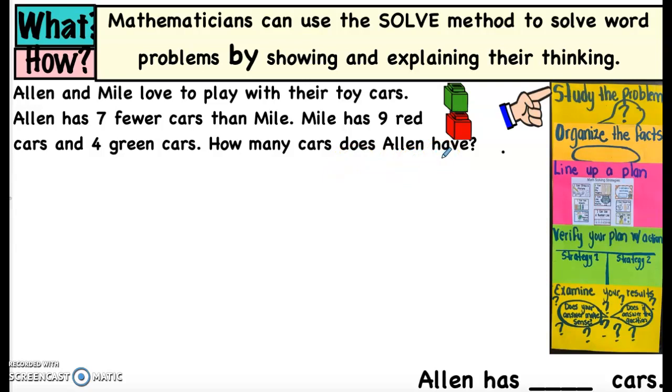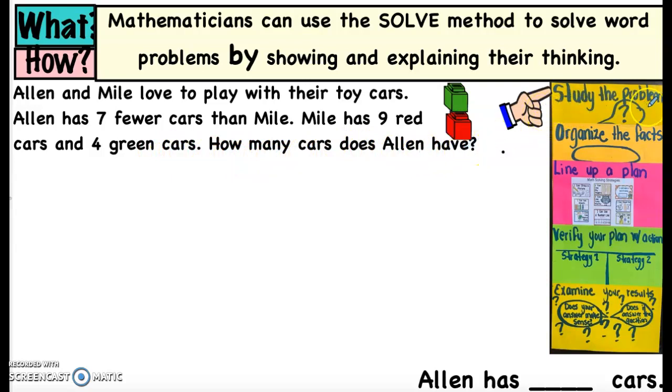So what's our first step? Our first step is to study the problem. So let's read it again, and we're going to try to find out what this problem is asking us to find. Alan and Maya love to play with their toy cars. Alan has 7 fewer cars than Maya. Maya has 9 red cars and 4 green cars. How many cars does Alan have?